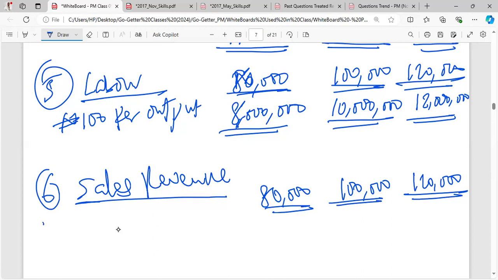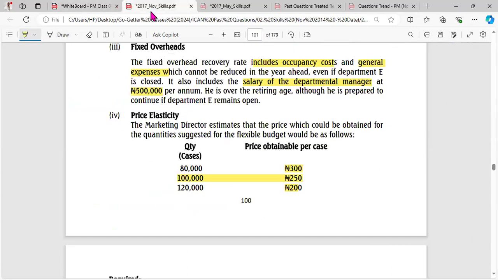I'll say sales revenue at, open a bracket, 200, 300, 250. Now you can see that the lower the cases, the higher the price. As the price keeps going down, the cases increase: 300, 250, 200.